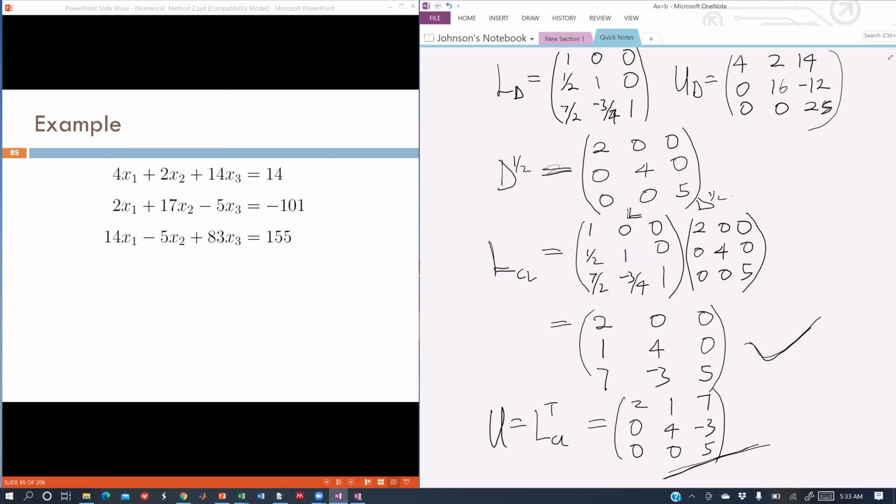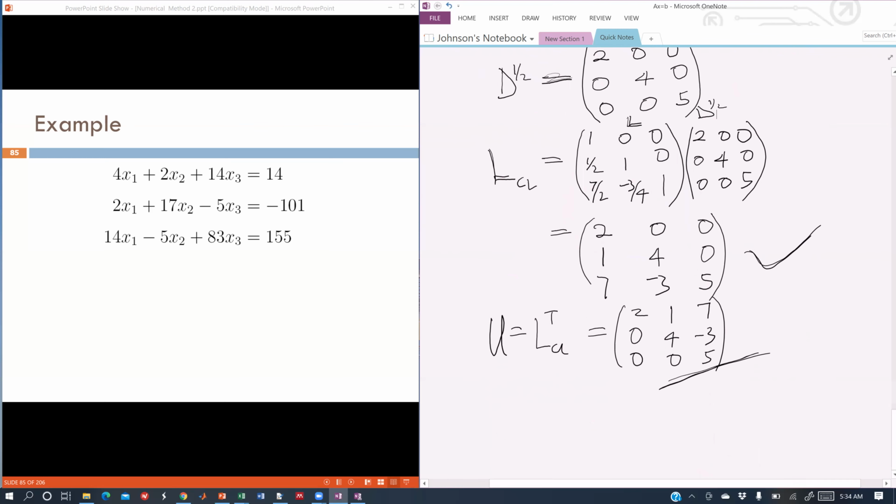You transpose that lower triangular matrix to get your upper triangular matrix. Then proceed solving the problem as we did in the previous methodology. That is a very important approach that those who are very good with Gaussian elimination can also use to find the Cholesky decomposition.